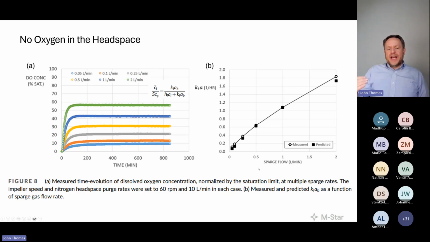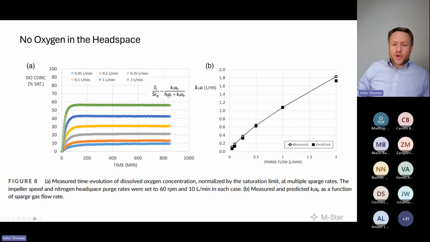Because free surface transfer, interfacial transfer, is hurting us. Rather than putting oxygen into the system, now that headspace is stripping DO from the system, and stripping it fast. And the more stripping we get, the less this KLA can keep up. The more stripping we get, the more depressed, I should say, our equilibrium concentration will be.